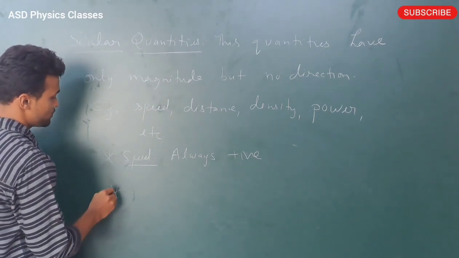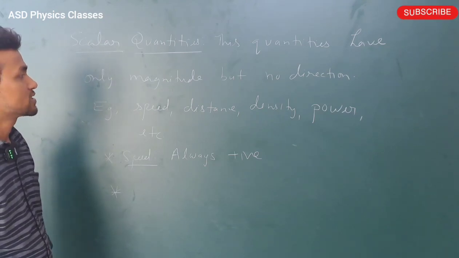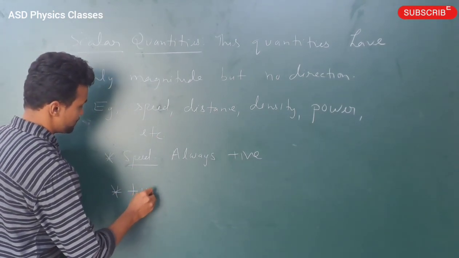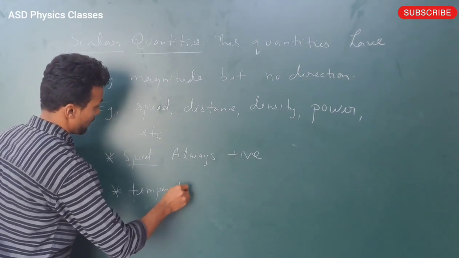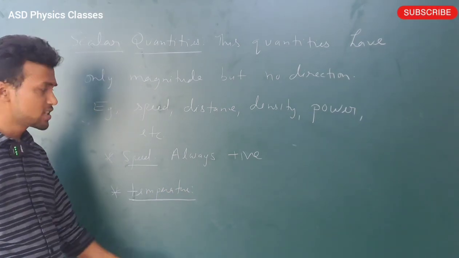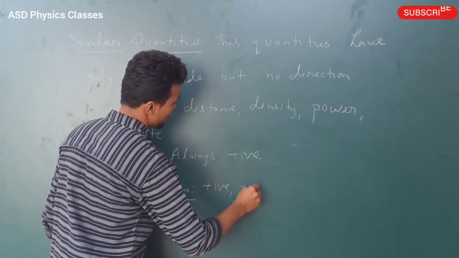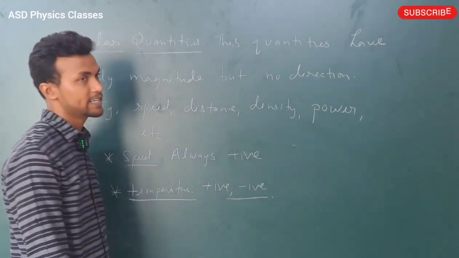But if I talk about another physical quantity, let's take for example temperature, this quantity can be positive and at the same time it can be negative also.